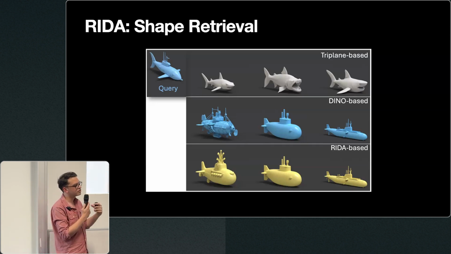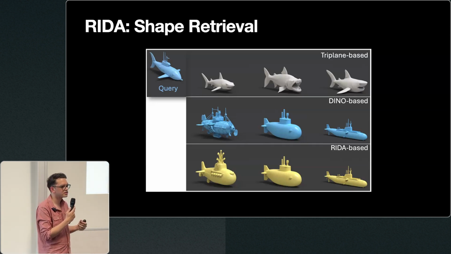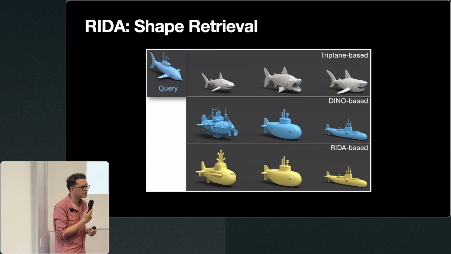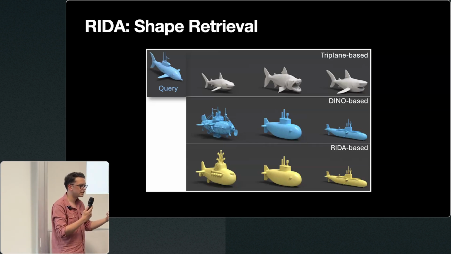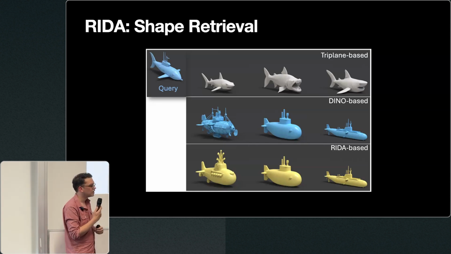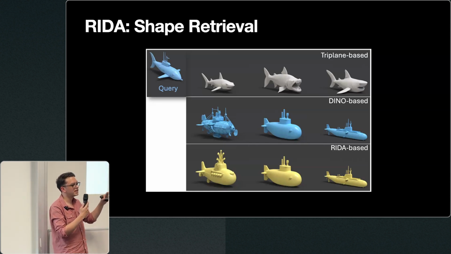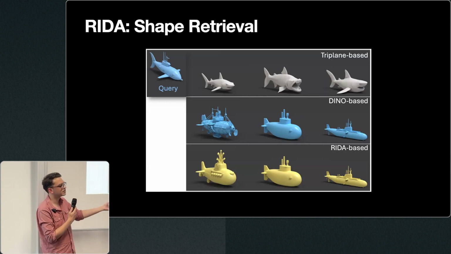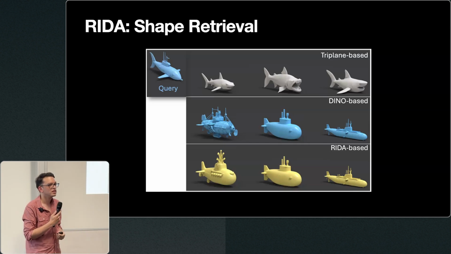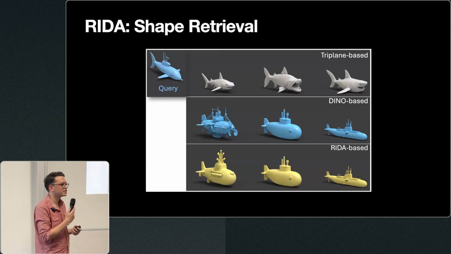So when we try to do this retrieval in the geometric space, which is the original 3D latent space, you see that this actually just fetches sharks instead of what we want, which is a submarine. But DINO is quite smart. It knows semantics, so it actually fetches submarines. But once you map those geometric latent space into our latent space, you see that it actually starts retrieving submarines again.